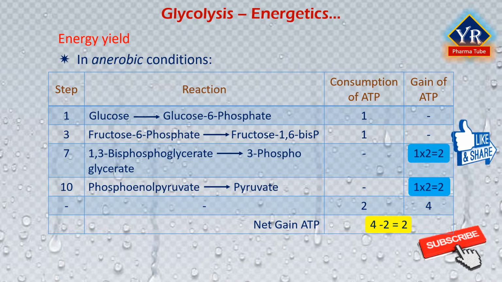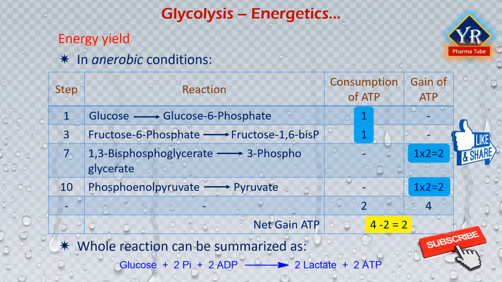But 2 molecules of ATP are used in steps 1 and 3, hence the net yield is only 2 ATPs. The whole reaction can be summarized as glucose plus 2 molecules of monophosphate and 2 molecules of ADP, which gives rise to the formation of 2 lactate molecules plus 2 ATPs.